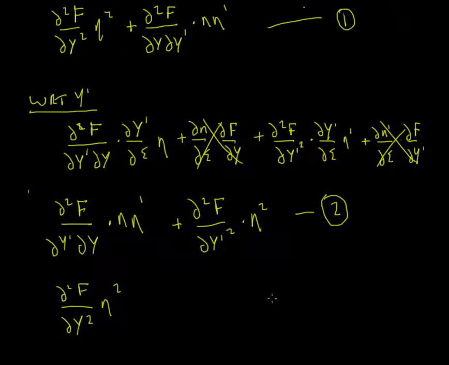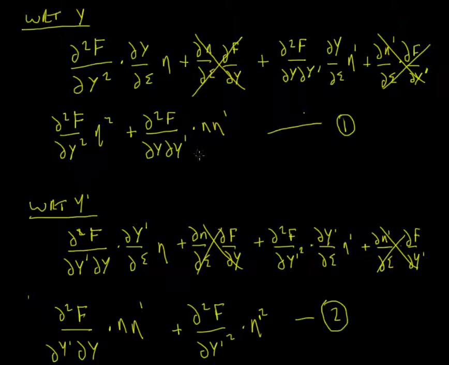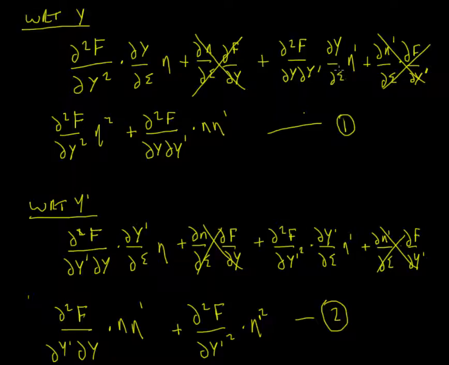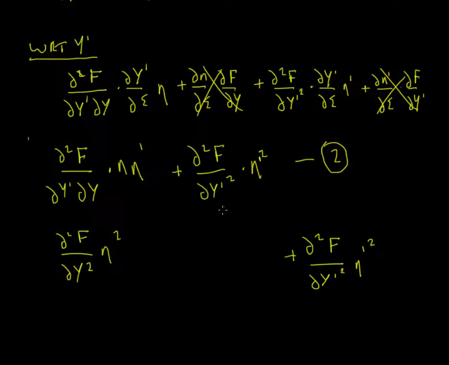And we'll also get a term at the end, partial squared f upon partial y derivative squared, times eta derivative squared.